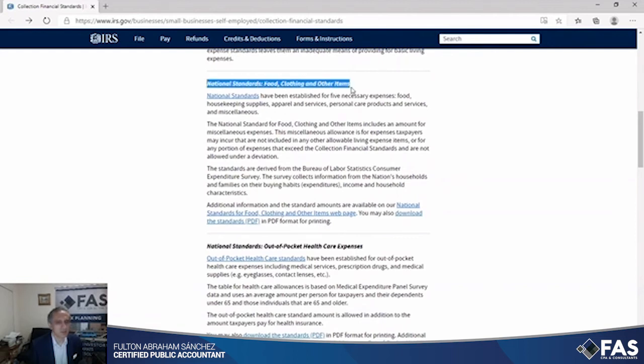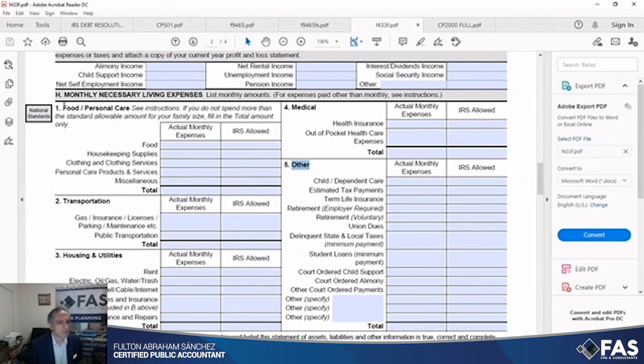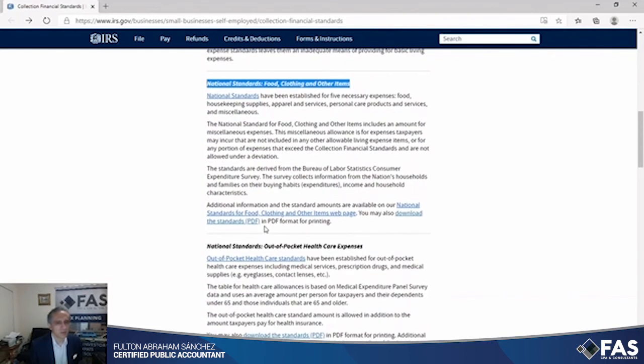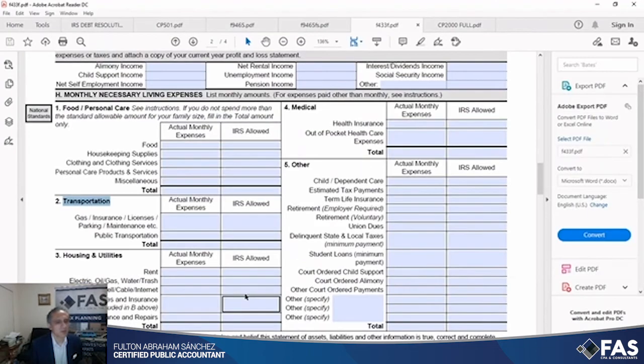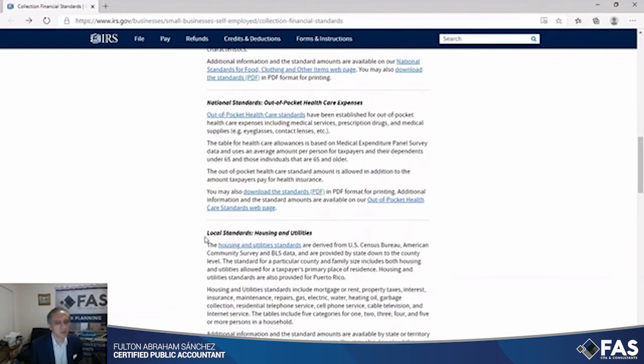This national standard for food and clothing, that will be for here. And then I have to go for transportation, then housing and utilities, there is also housing and utilities here.